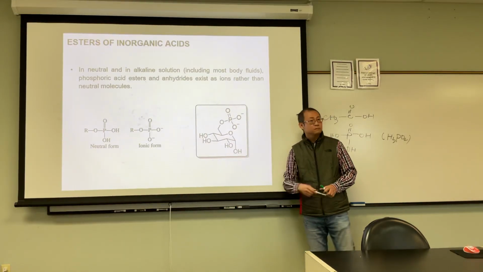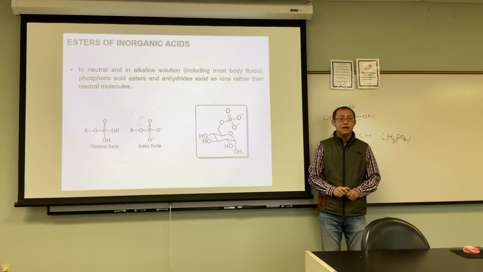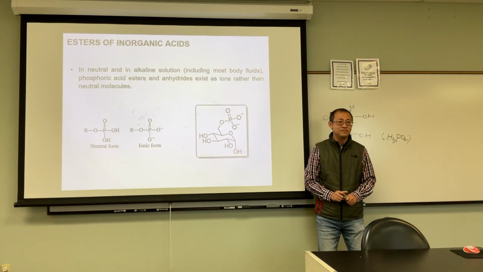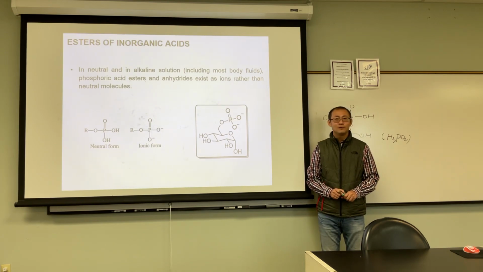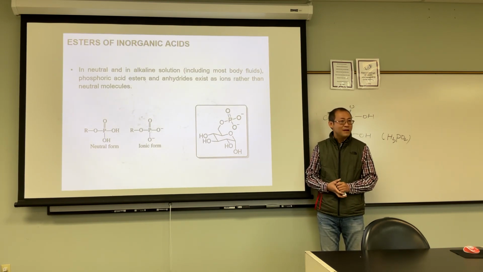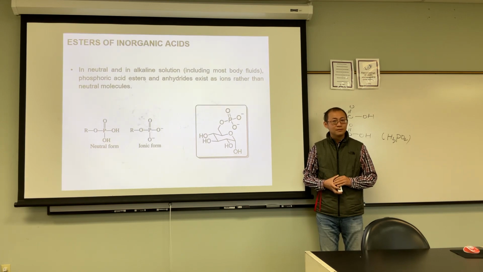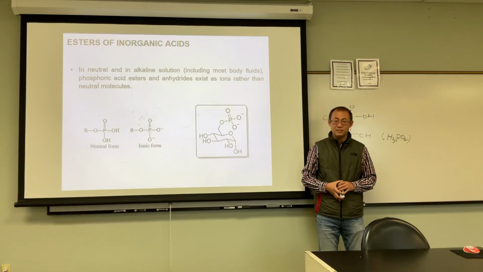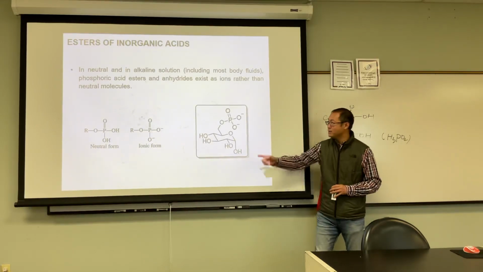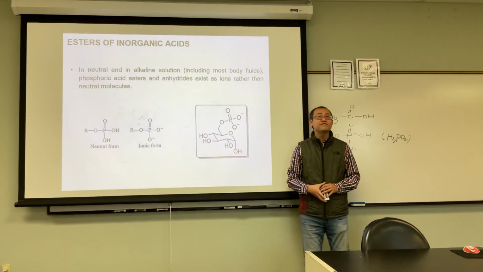And this structure is a glucose 6-phosphate. What is this molecule? This molecule is basically the first step if you take some carb food. The first step, glucose needs to be metabolized. You have to convert it to a glucose 6-phosphate first.